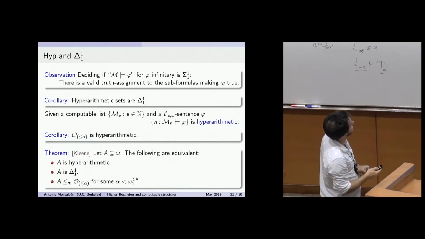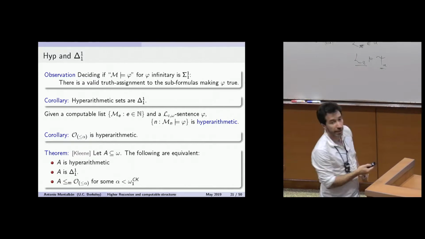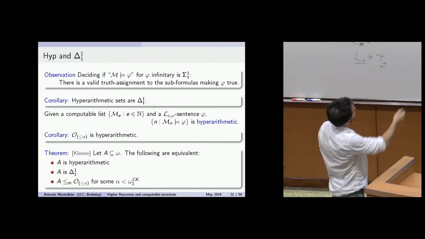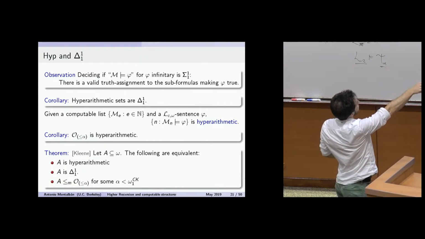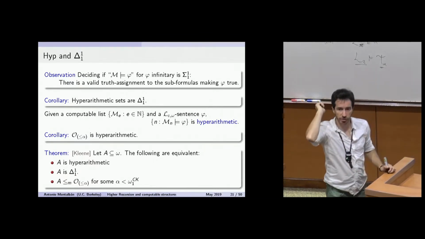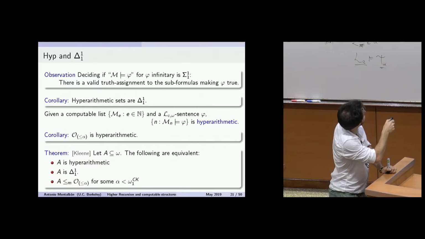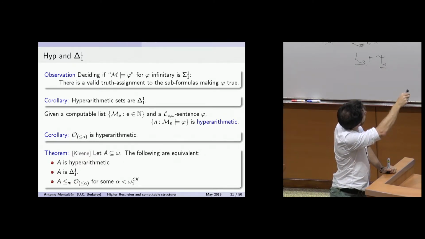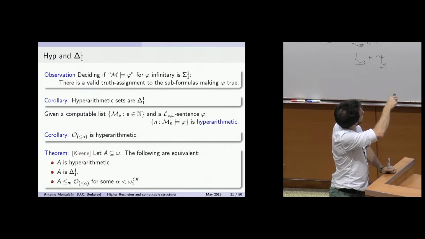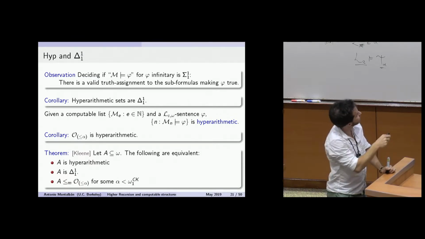So here we get the equivalence of hyperarithmetic and delta 1. So for every set of natural numbers, the following are equivalent. A is hyperarithmetic according to the definition that I gave before, of being definable by a computable infinitary formula. A is delta 1, and that follows since hyperarithmetic sets are delta 1, so that's this implication. And that's the same as being many-one reducible to O less than or equal alpha.